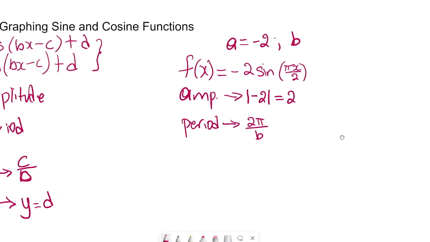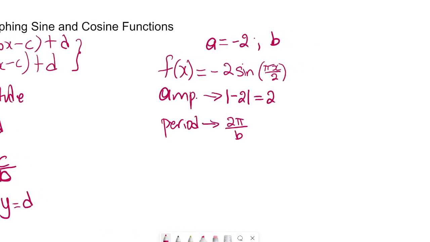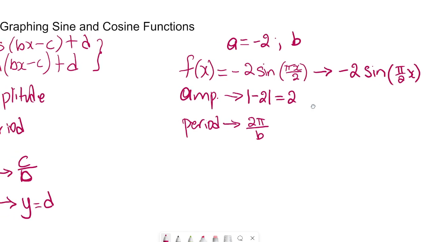It looks crazy here, but we can rewrite this to be -2 times sine of pi over 2 x, right? So we can separate the x from our coefficient, because that's going to determine what b is for us.